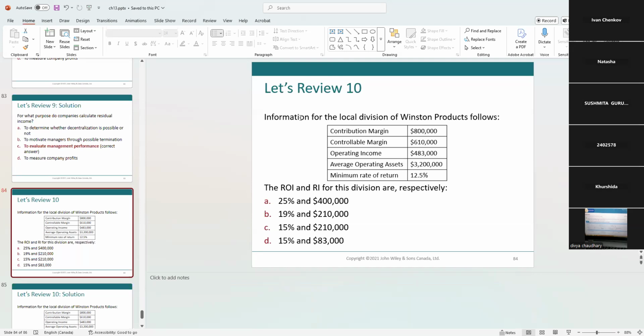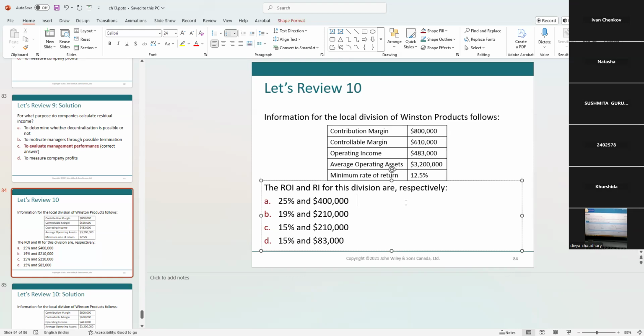But if you see a question like this, the question is, what are we measuring here, return on investment on the company or return on investment on the division? If we measure the division, then we're going to use the controllable margin to calculate return on investment.